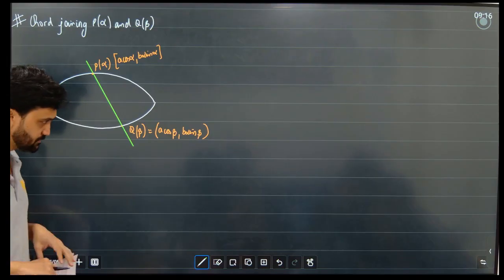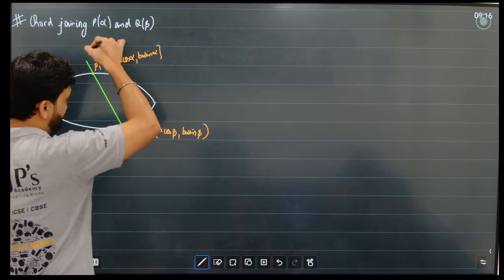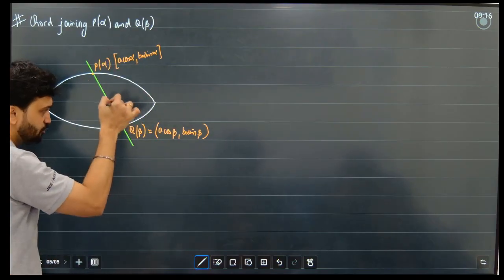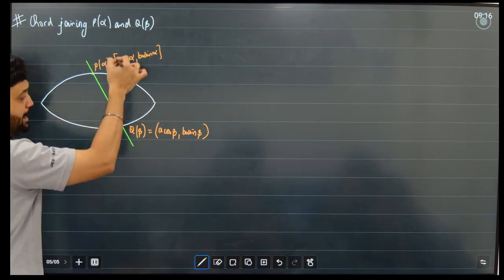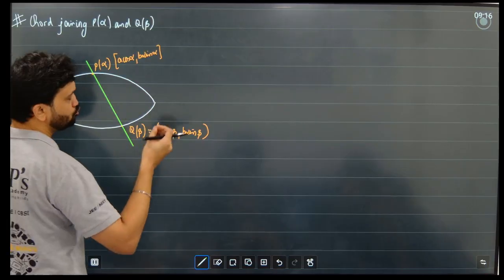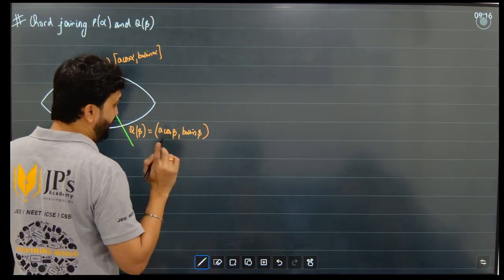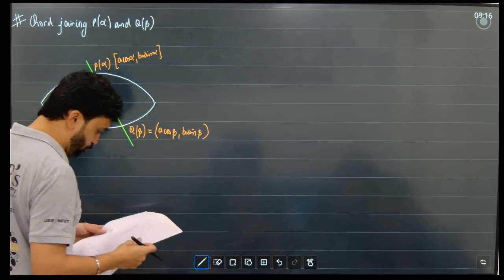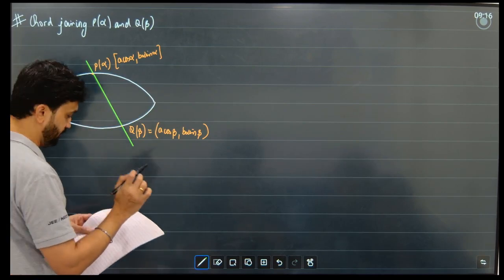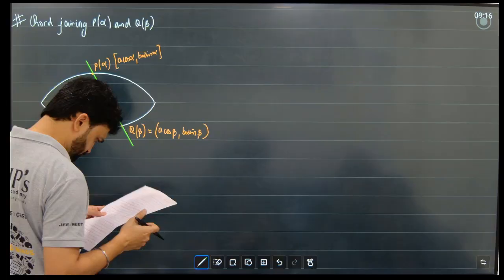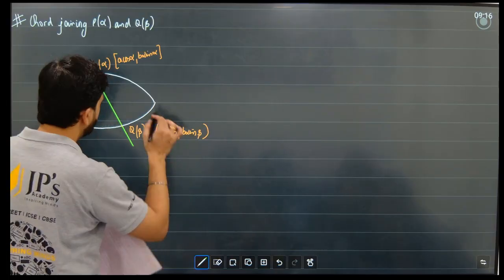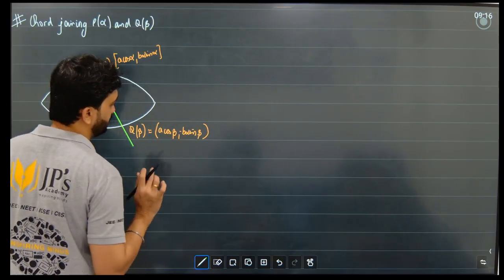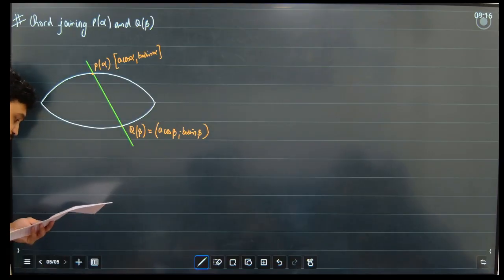Very important concept is, if I have to find the equation of chord PQ, I have 2 points. I can use 2-point form. And when I simplify the 2 points form, इसको हम लोग नीचे लेंगे तो इसको माइनस साइन बीटा देता है, a cos beta comma minus b sin beta.